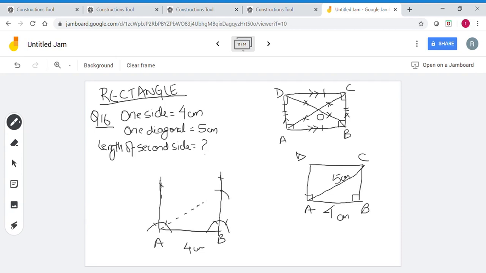But this line is not required, so I will put this as a dotted line, and I've got C. How do I find point D? Well, you can either measure 5 from B because both diagonals are equal, or you can measure 4 from C and mark whichever way you like, and this will give me my rectangle as required. This is 4, this is 5, and these two are 90 degrees. Perfect.